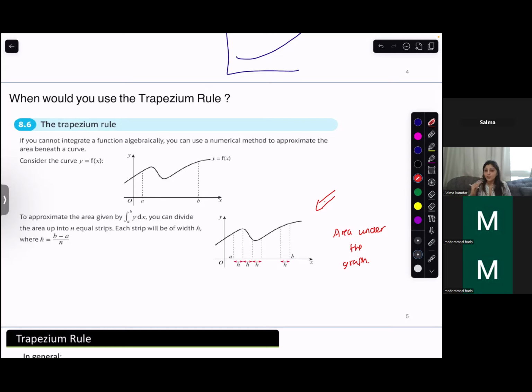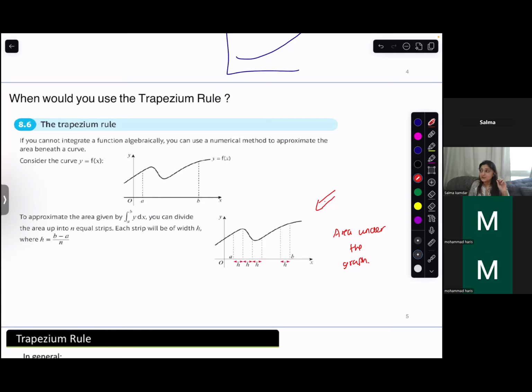When you're using the trapezium rule, what are you going to get? I'm going to get the area under the graph, the whole thing, between the upper bound and lower bound, above the x-axis. Correct? But when you're integrating, you get an exact value, an exact figure.